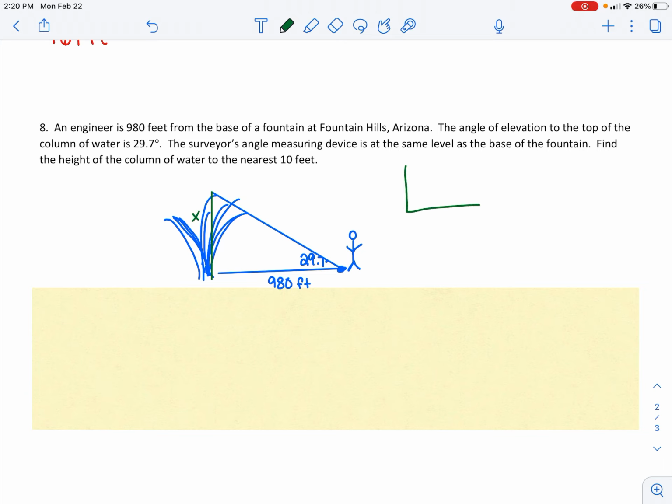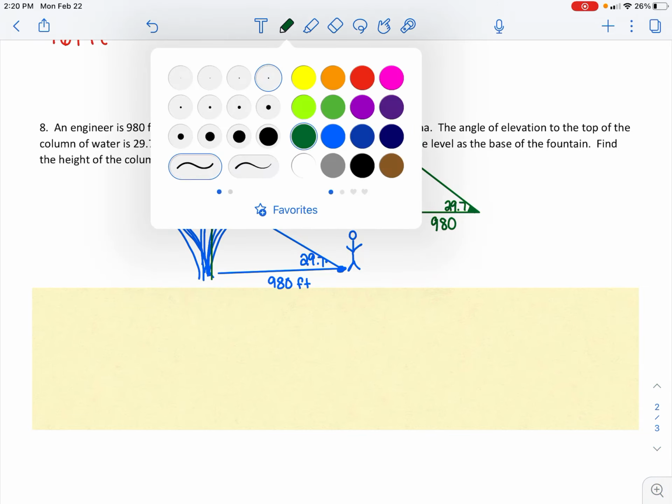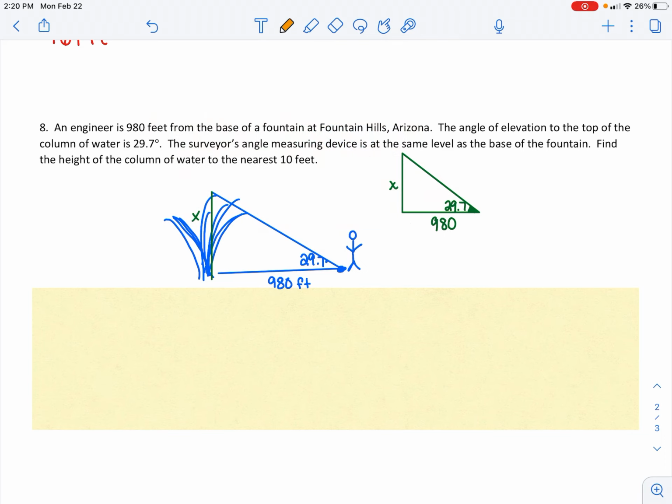Okay, so I'm going to pull that triangle out. I have 29.7, 980, and I also have an X here. So again, we're going to be using trig. I need to figure out what sides X and 980 are in comparison to that angle measure.